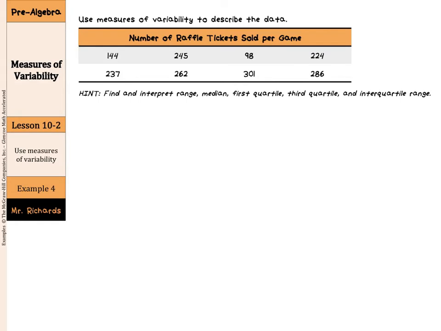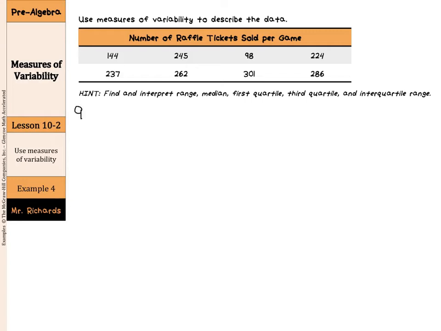In our fourth example, we need to use measures of variability to describe the data. And when you're asked to use measures of variability to describe the data, my hint to you is to find and interpret the range, median, first quartile, third quartile, and interquartile range. Now, let's get these numbers in order from least to greatest to start.